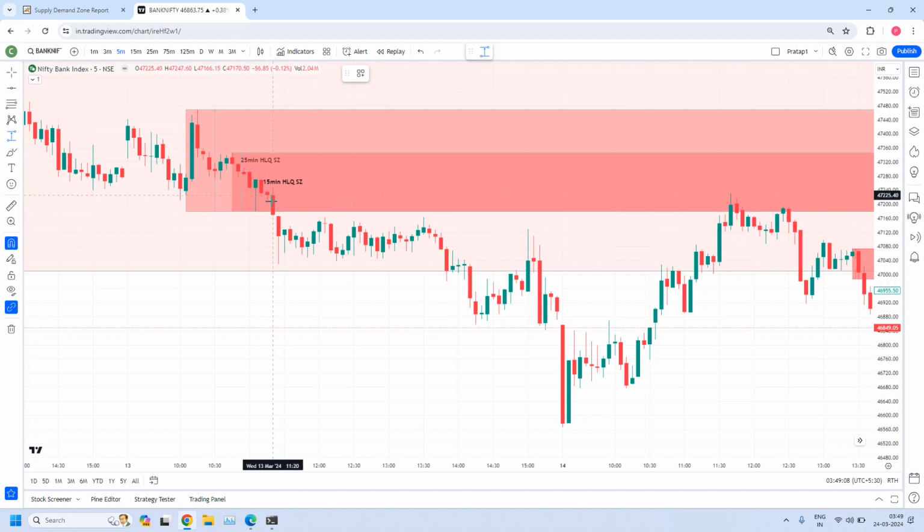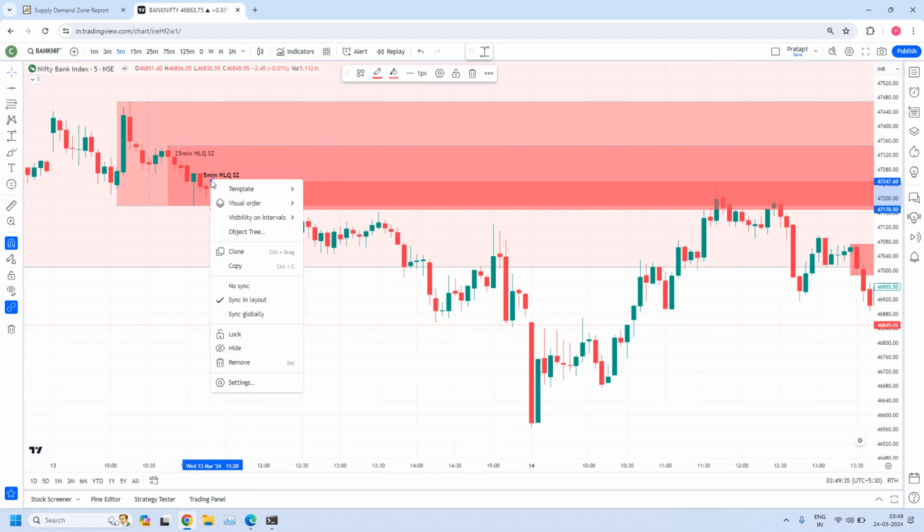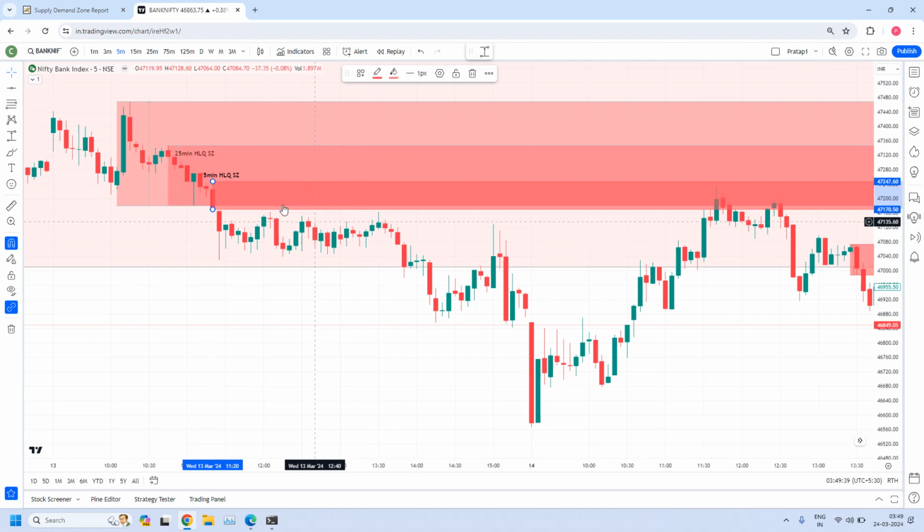That's why, combining both, the software considers this as a medium size leg candle. And a medium size leg candle can be part of the base if there is an earlier base candle. See, earlier there is a base candle. And this is also a medium size leg candle. So leg in is qualified. But this is not qualified as a leg out. Because it is not qualified as a leg out, this is the zone we would have drawn. This is 5 minutes, high liquidity zone.